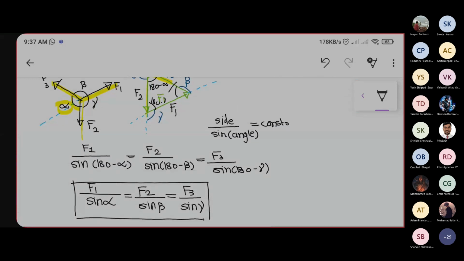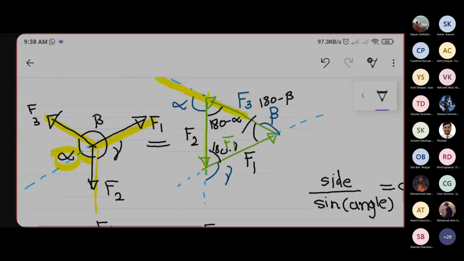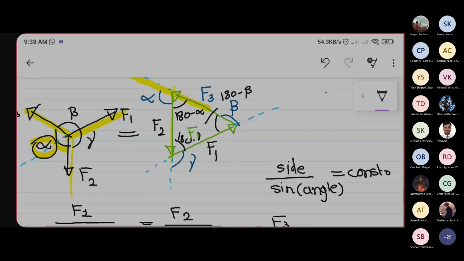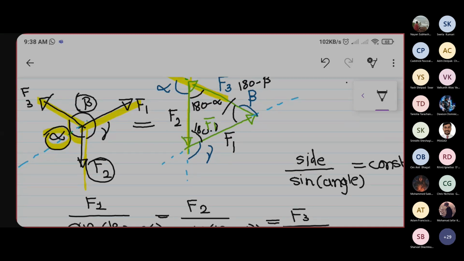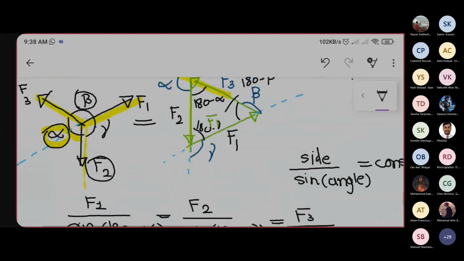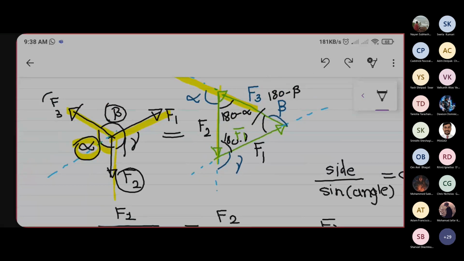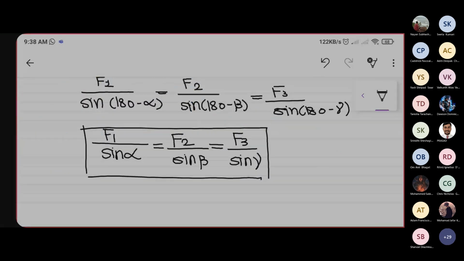Where is the F1? Here. Just look in this diagram. F1 divided by sine alpha is equal to F2 divided by sine beta is equal to F3 divided by sine gamma.